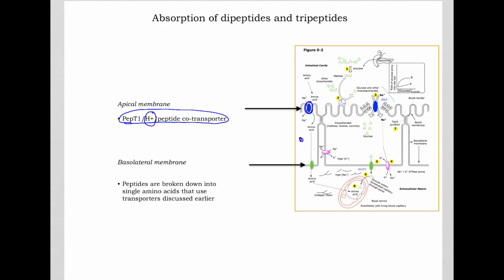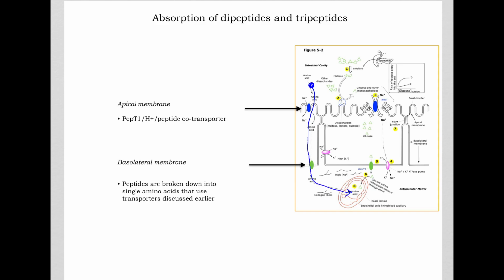And once the di or tripeptides are in the cytoplasm of the intestinal cell, these peptides are then broken down into single amino acids, and then these amino acids will use the transport proteins present on the basolateral membrane, depending on what type of amino acid it is, whether it's neutral or cationic.